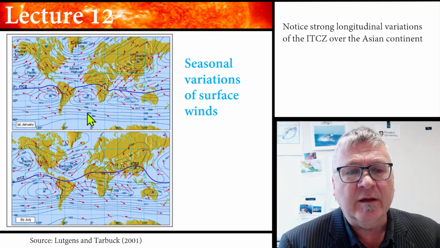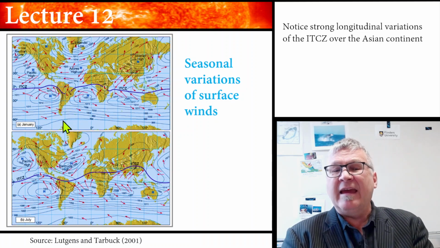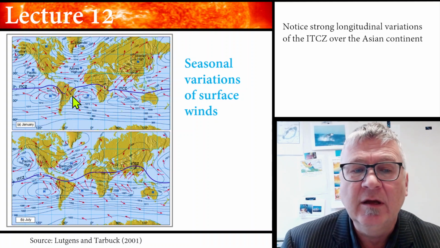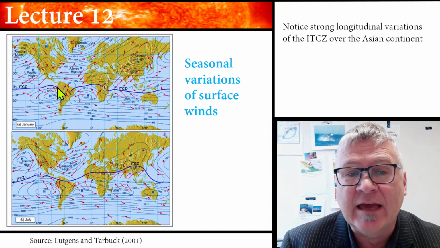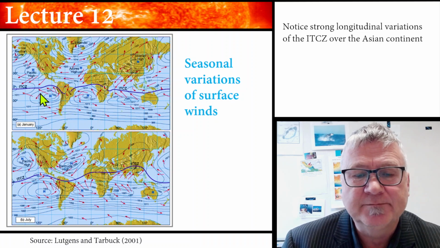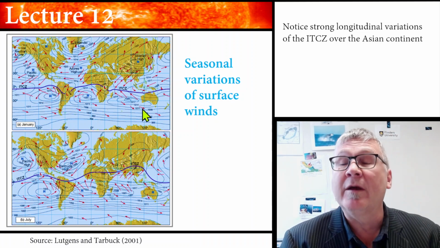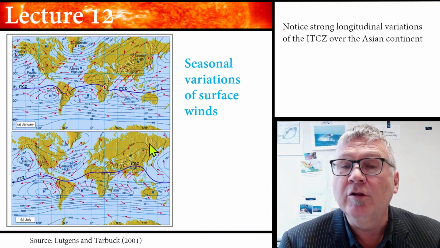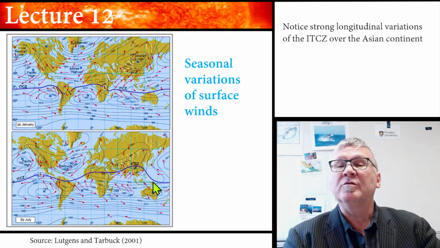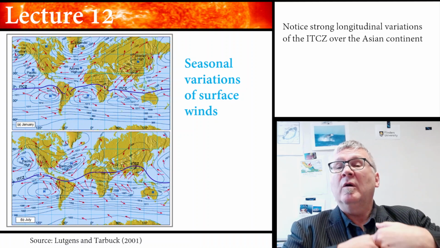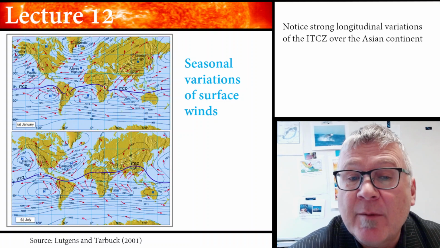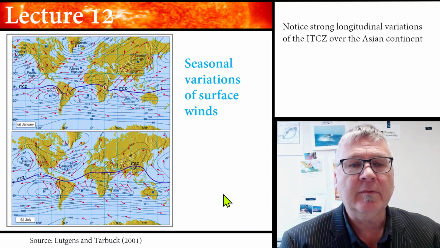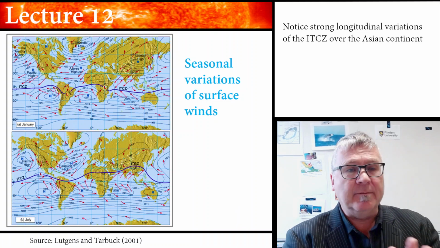Also indicated are the regions where you have high pressure at the surface, using the capital H symbol, and the regions where you have low pressure. The low pressure regions are associated with warm air masses, the zones where you have tropical convection.